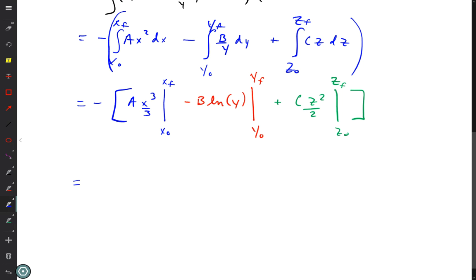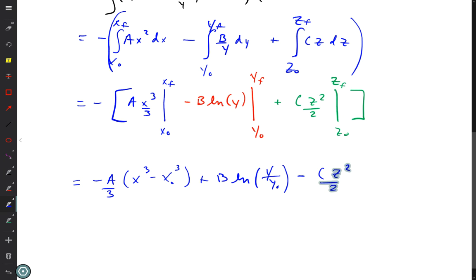So I'm going to have equals minus a over 3 times x cubed minus x initial cubed, plus, because minus times minus, b natural log of y over y initial, minus c over 2 times z squared minus z initial squared.